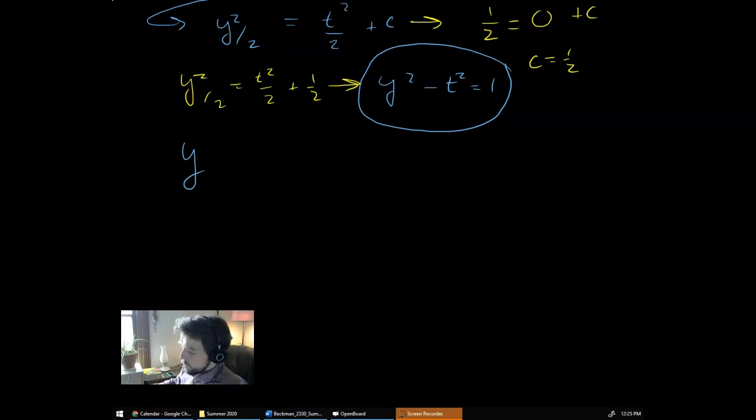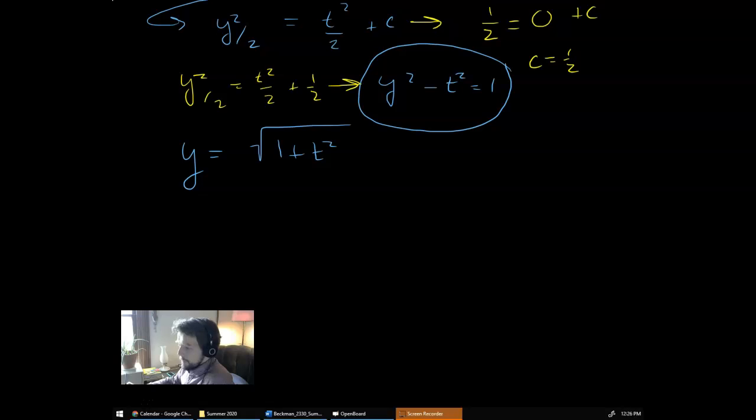So we can get y is equal to the square root of 1 plus t squared. Now you could think, well, plus or minus should really work. That would make this thing still true. But for our purposes, because we are given the y value being 1, we're really just going to take the positive square root.